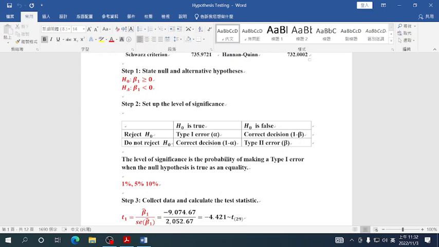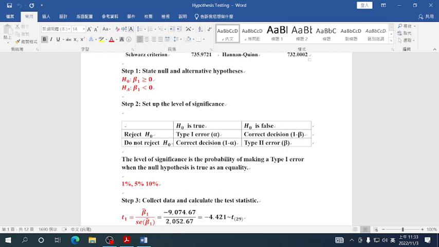We have 4 steps. The step 1 will be run the regression and obtain estimate t-value. So here is what I show, how to calculate the test statistic. This one, test the statistic, this term, you have to remember, this is a tool. Test statistic is the tool, okay, to check with the in the hypothesis testing.